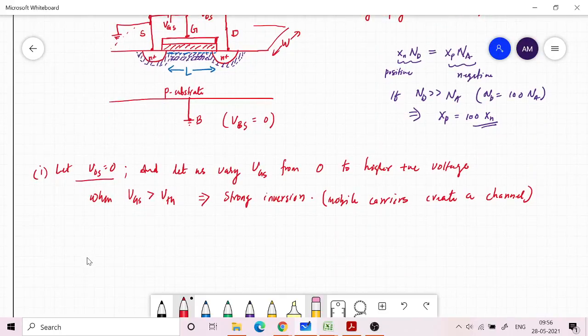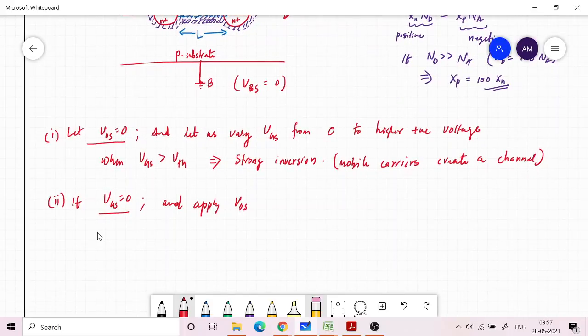Another thing I can show you is the case where VGS is equal to 0. Earlier I kept VDS at 0 and varied VGS from 0 to a higher positive voltage. Now if VGS is kept at 0 and I apply a positive VDS greater than 0, starting from 0 and going upward, what happens?